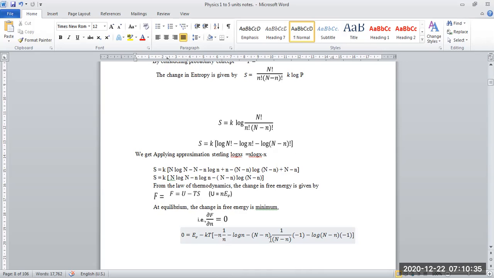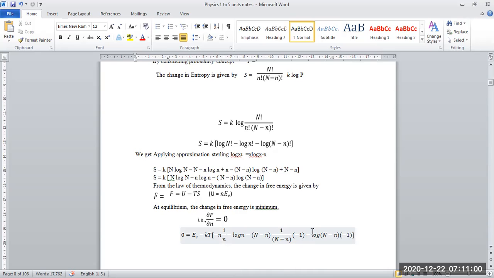In mathematics, a small n is associated with capital N, but it is differentiable. So therefore, as it is, I'm writing capital N minus small n. 1 by x is the differentiation of log x, and x is capital N minus small n. Again, small n should be differentiated. So when you differentiate it, you will get minus n.